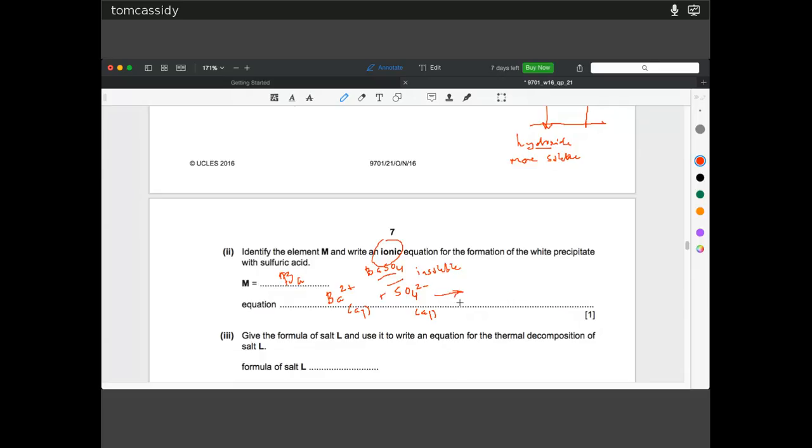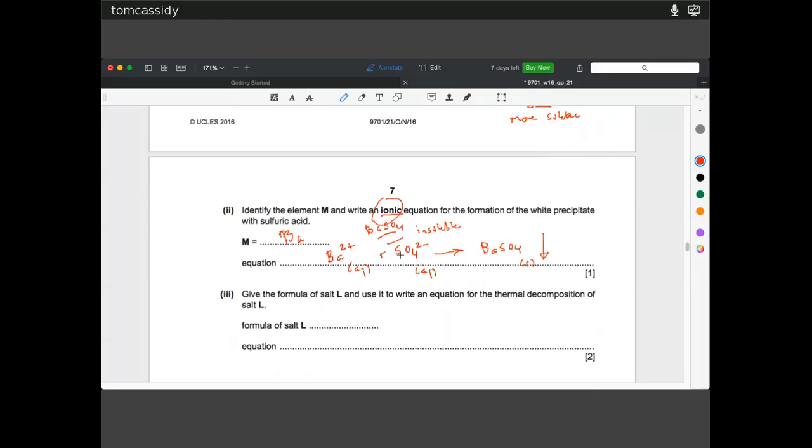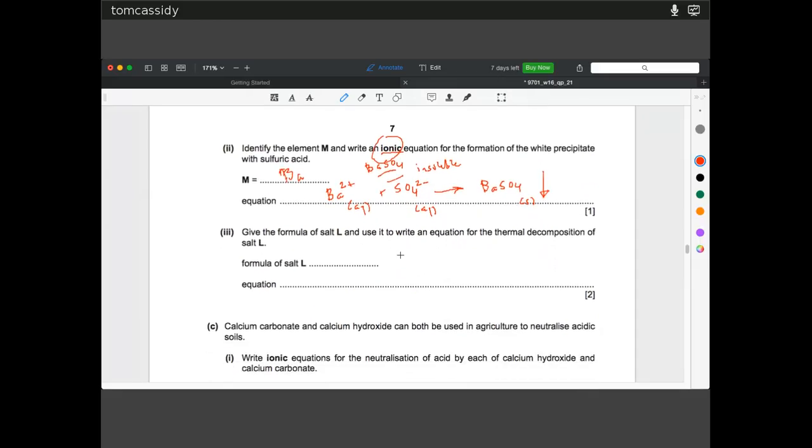And when those two react together, then we form the precipitate barium sulfate. So we put a state symbol there, it's a sulfate, and you can draw a line going down to indicate that's a precipitate. So we've got an ionic equation there because we've left out the spectator ions and just included the ions of interest, the ones that are going to form the precipitate.